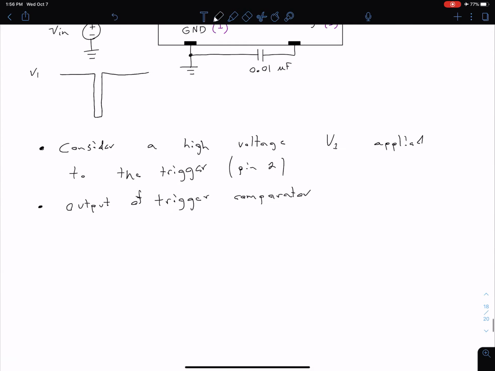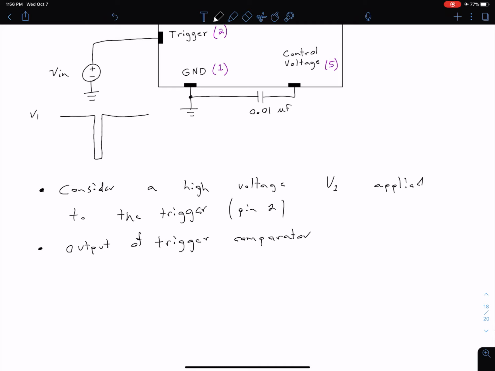Again, pause that, look at that as you need, but what we can say then is the output of our comparator is low, and we can say that because we're going to assume that V1 is above 1/3 of VCC. So assuming V1 is greater than 1/3 VCC, we have a 0 on our output, so that means our S is 0 going into our flip-flop there.